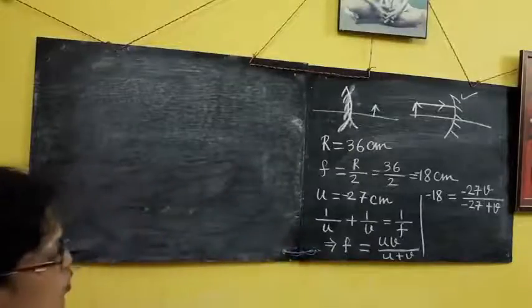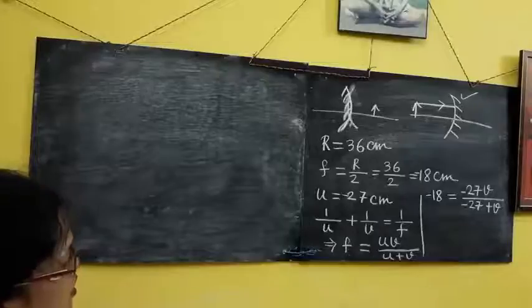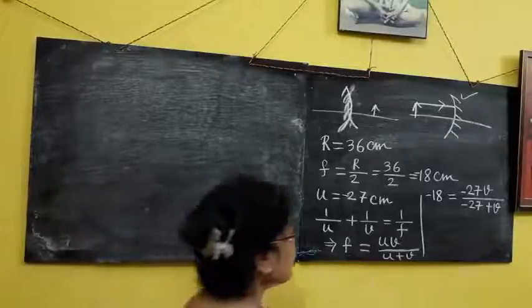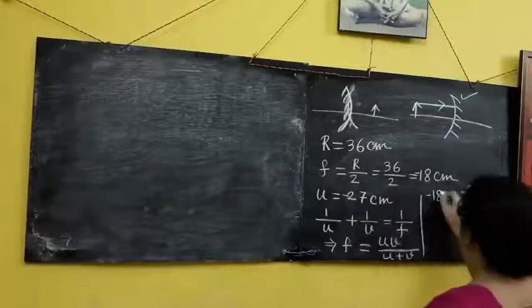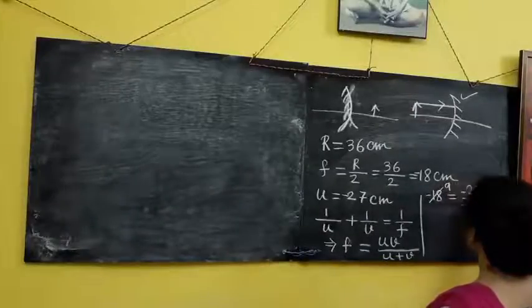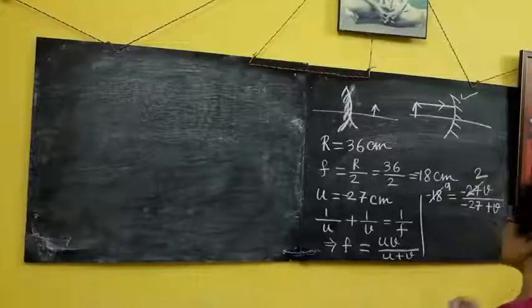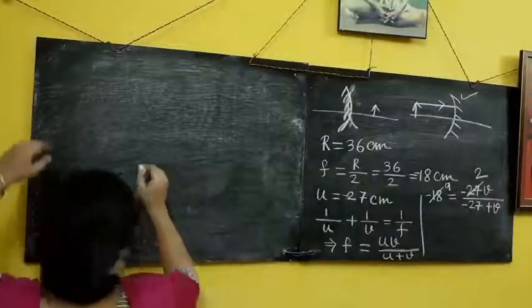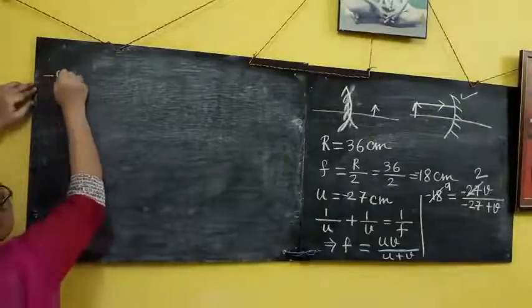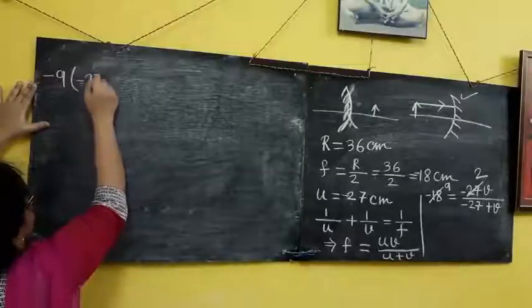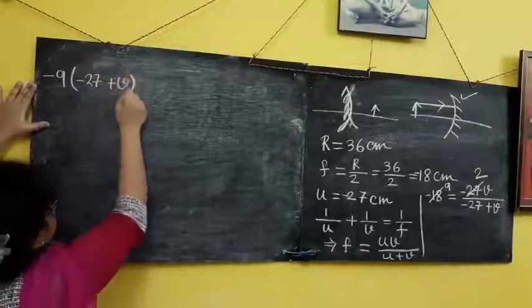Clear? So let's go for that. So here I am having 18. So 3 9s are 27, 3 2s are 18. Now it will be easier. So minus 9 into minus 27 plus v. Done.